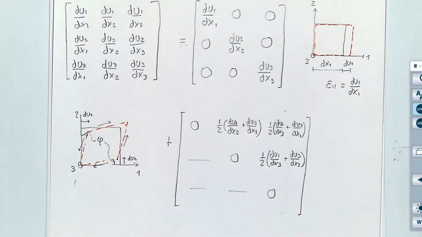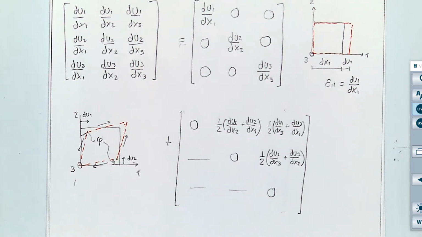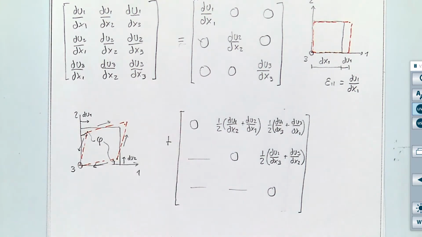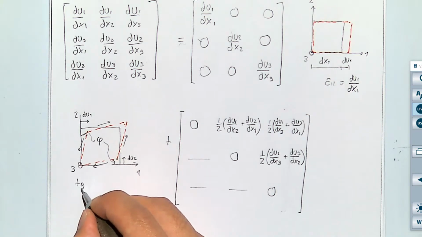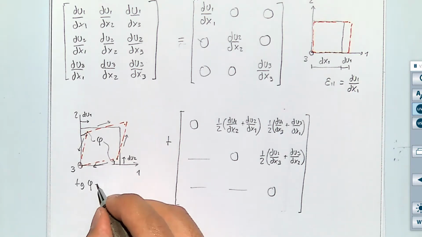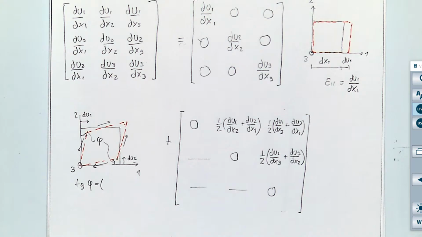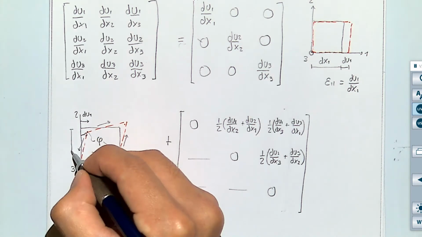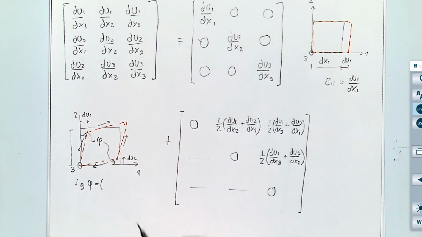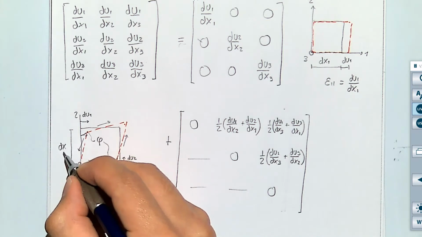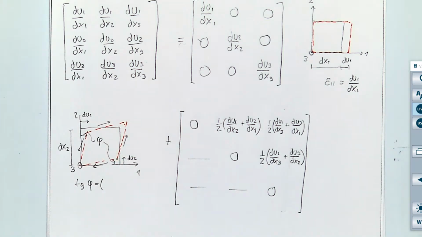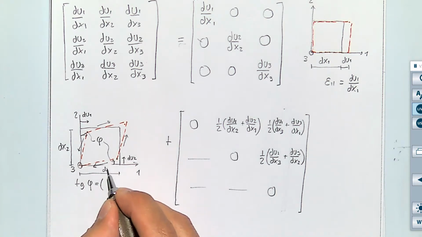Can you tell me what is the tangent of phi? Let me help you a little bit. For example, here, what is this length? dx2. And this length over here is dx1.